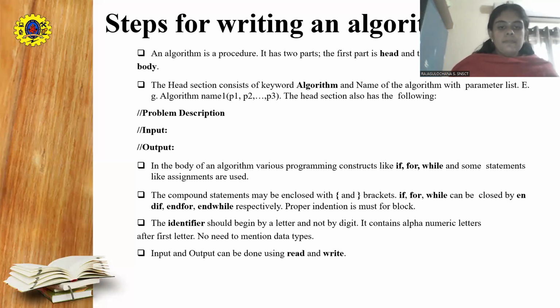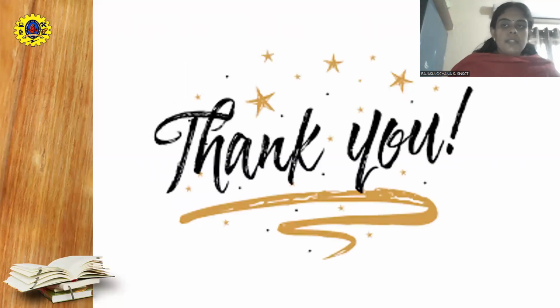And the variables, if you are using them, should begin with a letter and not with a digit. They can contain alphanumeric characters, but the first character has to be an alphabet and not a number. So these are the various steps in which you can design an algorithm effectively. When designing an algorithm, you keep in mind the characteristics so that you will be able to define an effective algorithm.